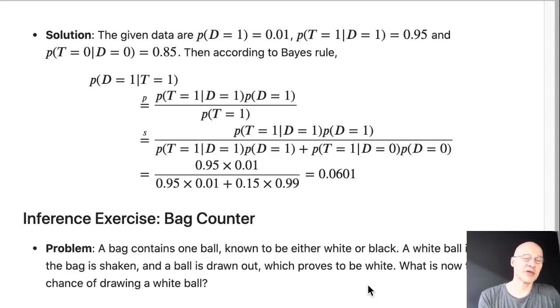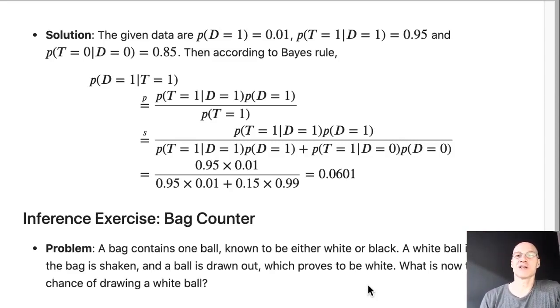If you would do this 1,000,000 times, if I have a bag and there's either a black ball or a white ball, and I throw in a white ball, I shake and I blindly pick out the ball and see it's white. And I do it again, I shake, it's white. I do this 1,000,000 times. You will not believe anymore that the original ball in there was black.